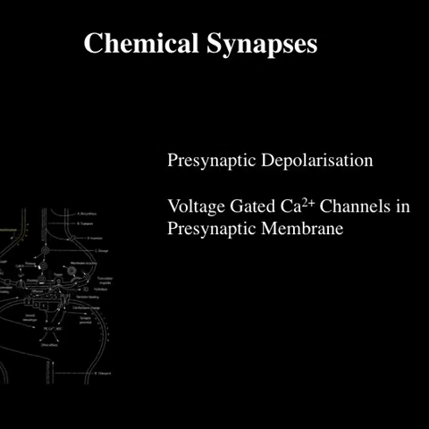The first thing then is that there is presynaptic depolarization. The presynaptic membrane depolarizes and undergoes an action potential. And that action potential opens voltage-gated channels in this membrane, but this time they're not voltage-gated sodium channels as they are in the axon, they are voltage-gated calcium channels.